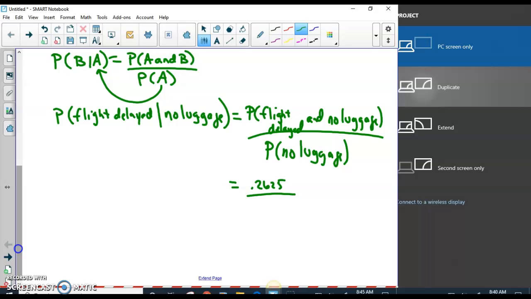The two no luggages were 0.05 plus 0.2625. So if I figure that out, that is 0.2625 divided by 0.3125, which I believe is 0.84, or an 84% chance.